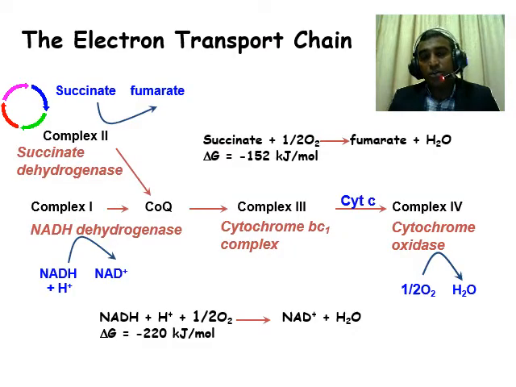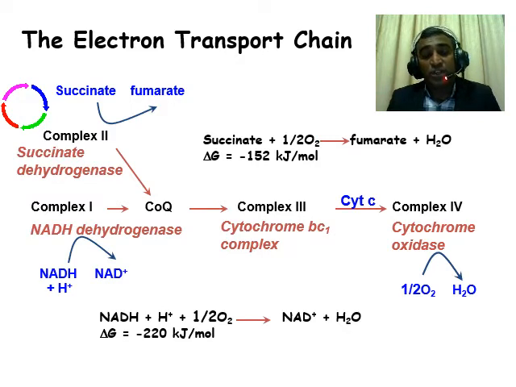Before we go into an overview of how these carriers operate in order to generate ATP, which involves another carrier not shown here, complex 5 or ATP synthase. But here, as the title reflects, it only covers the electron transport chain.